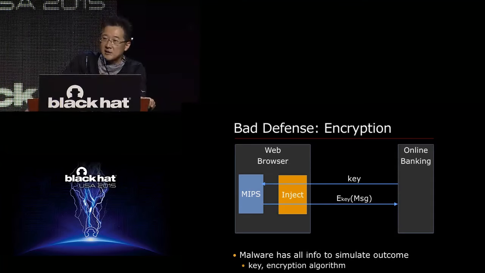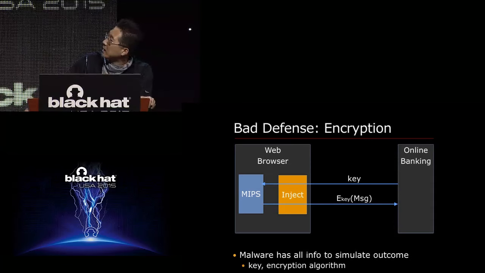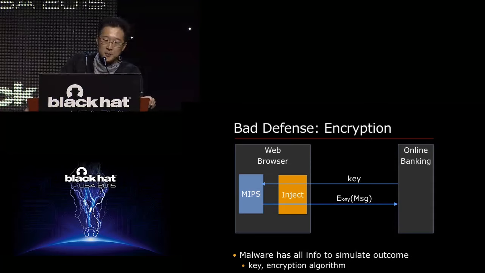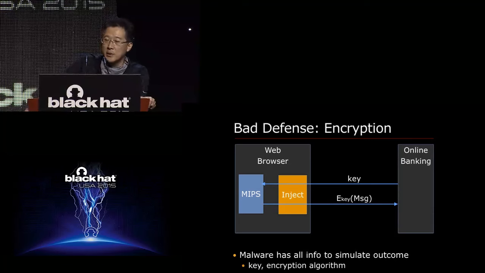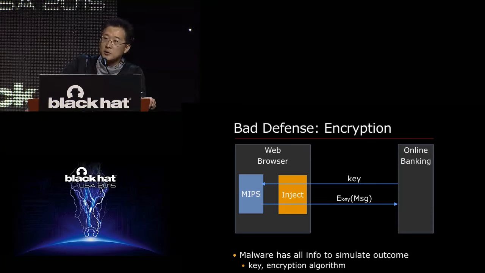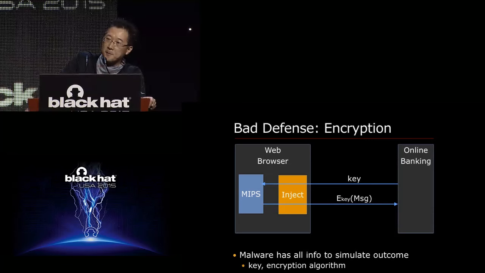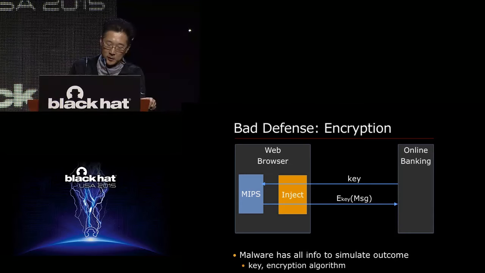But in fact, it doesn't help at all, because the key and the encryption algorithm or decryption algorithm will be available not only to the evasion code, but also to the attackers as well. So, that doesn't help at all.